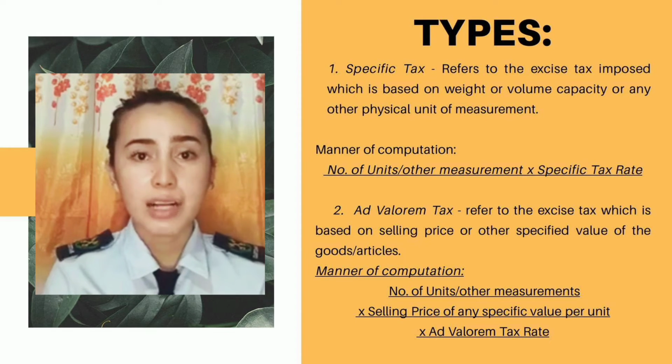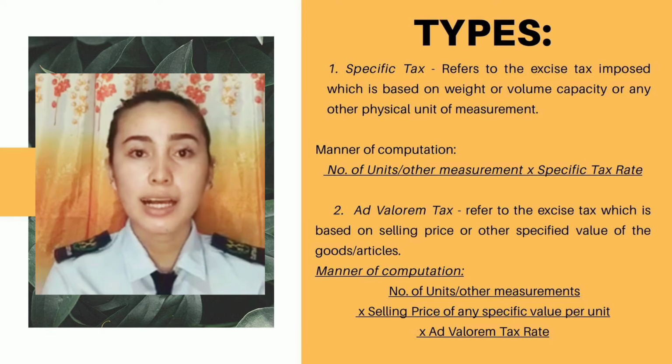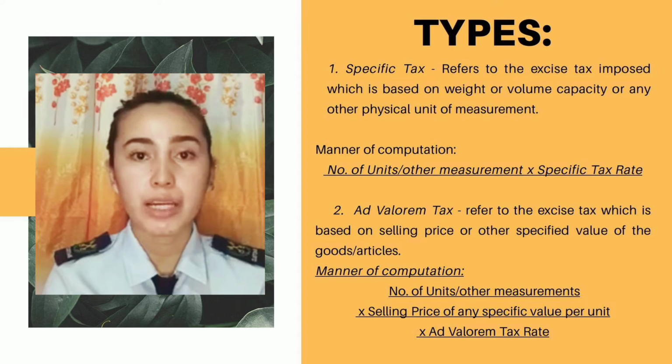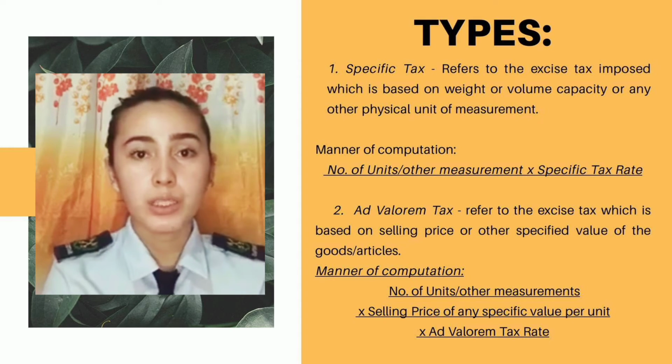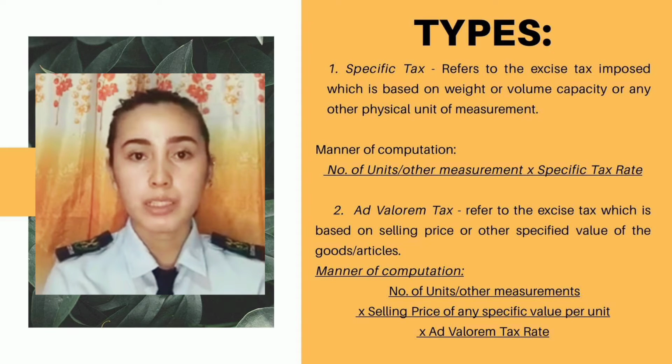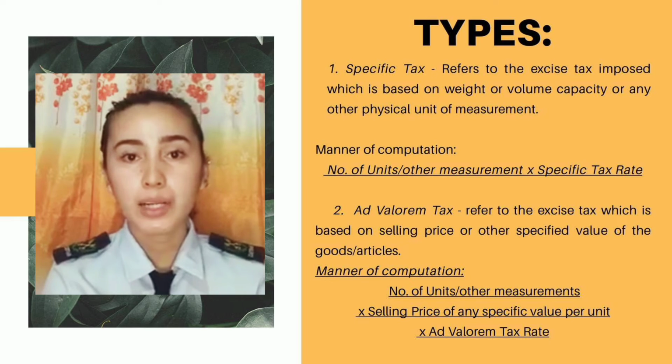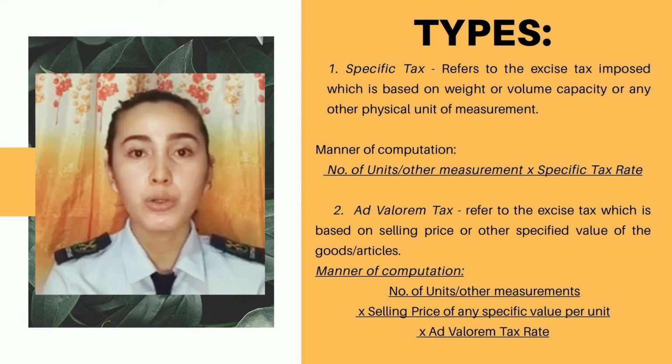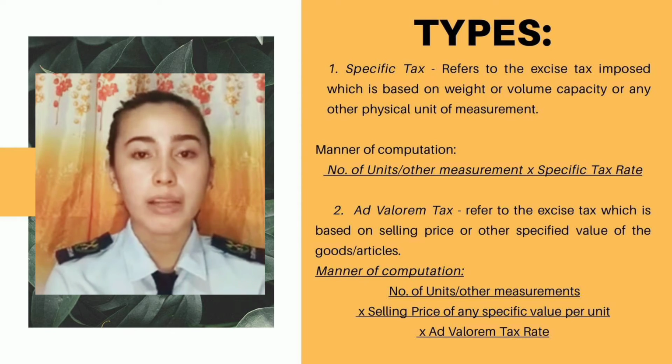Conversely, ad valorem tax refers to the excise tax which is based on selling price or other specified value of the goods or articles. It could be computed by the number of units depending on measurements multiplied by selling price or any specified value per unit multiplied by the ad valorem tax rate.